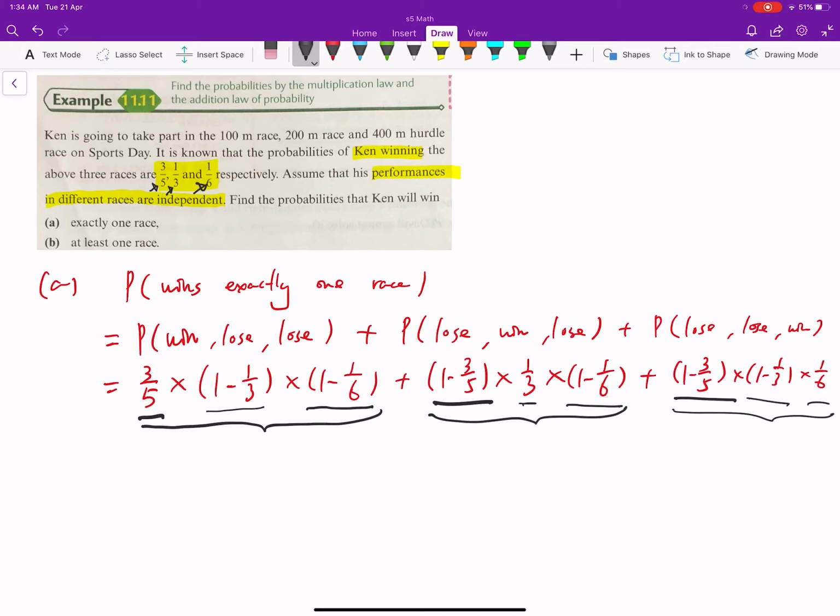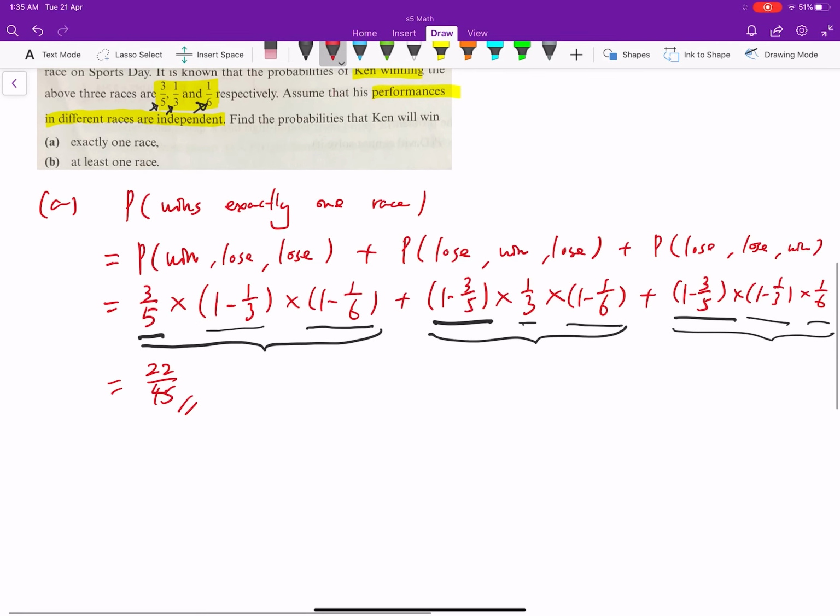So you just have a quick check with this, and it can help you be more accurate when there are many numbers inside. Okay, so let's continue. After we check, I just use the calculator, so we get this answer. Let's go to part B.